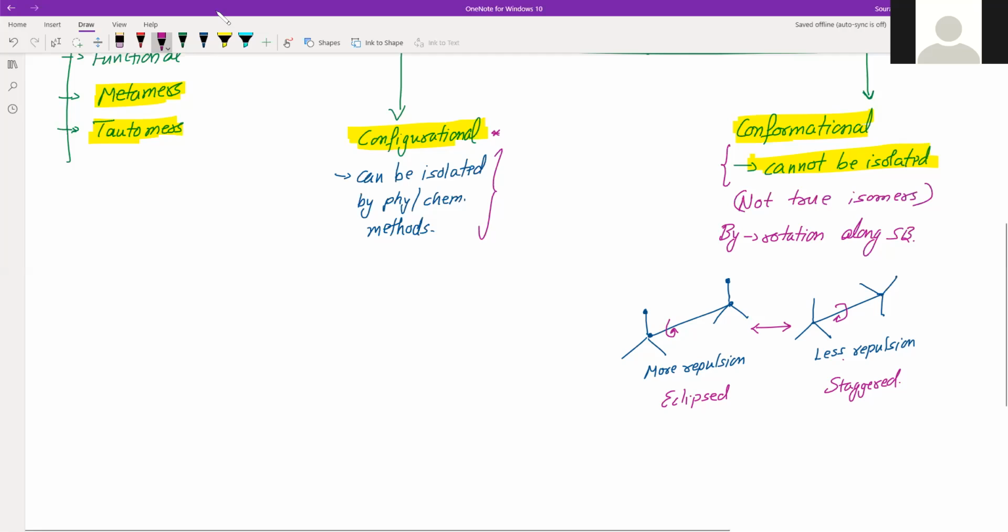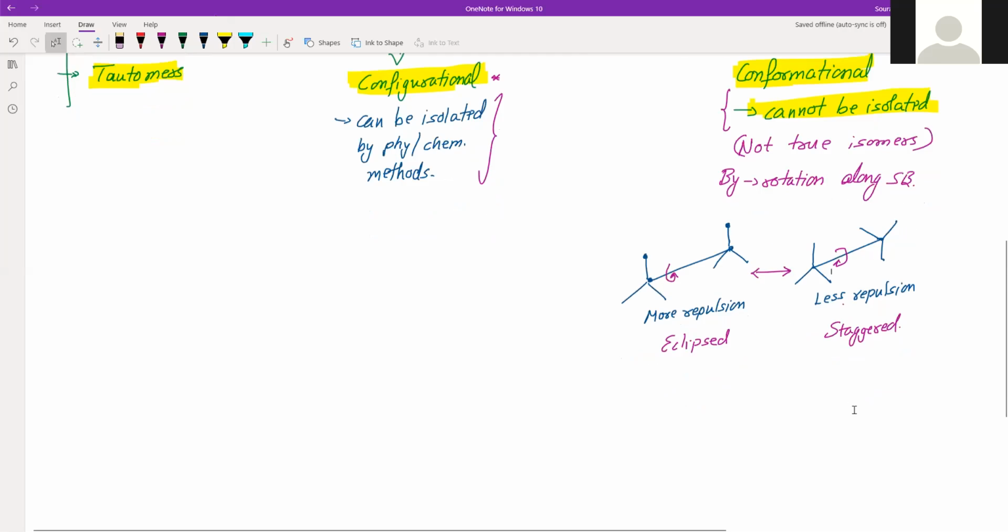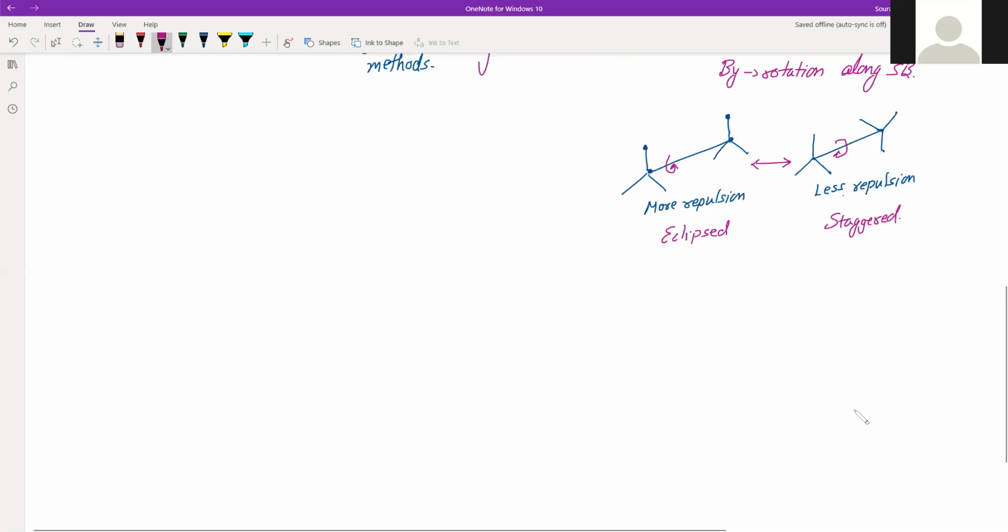Now, the same thing can also be shown. There is another representation for this. To represent this, we use this dot and circle diagram, where the circle represents the front carbon and the dot represents the back carbon.